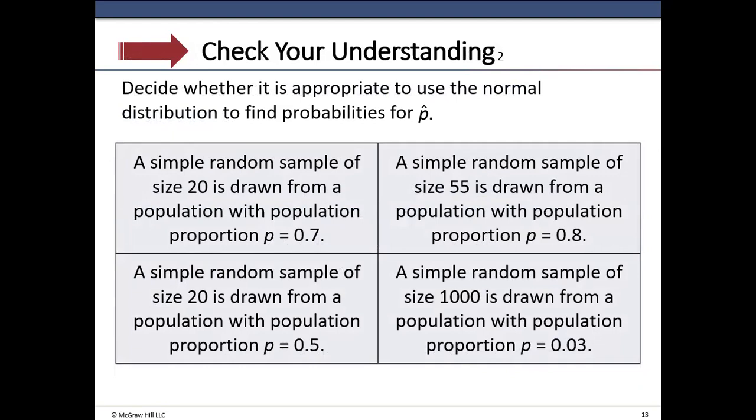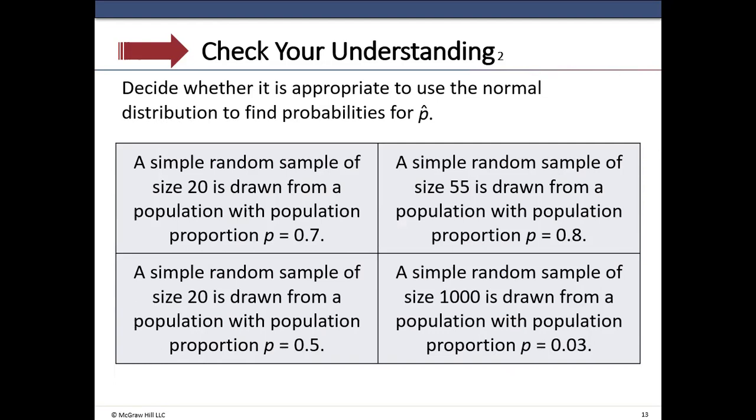What is the number of failures? 20 minus 14 is 6, and that is less than 10. So we do not meet both conditions, n times p and n times 1 minus p greater than or equal to 10. Since we do not meet both conditions at the same time, we cannot use a normal distribution to find probabilities for p hat.